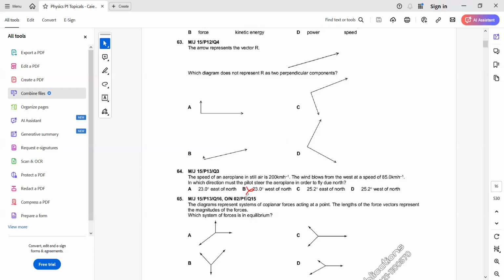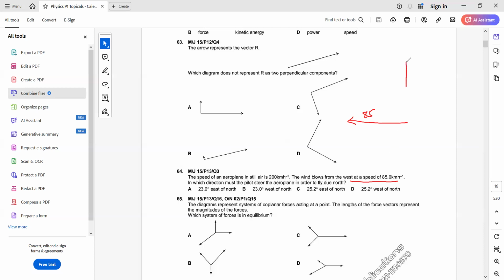So how would you do 64? In 64, what they stated here is that the wind goes from west at a speed of 85 kilometers per hour. So that's 85 towards west. And they basically want the airplane to fly due north.